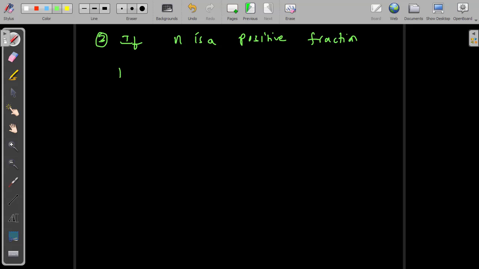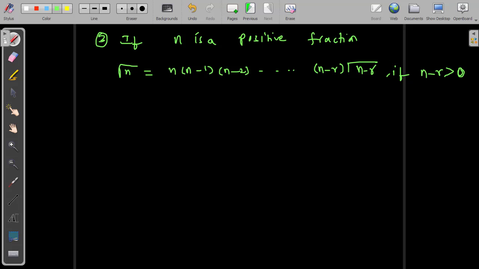So there it is defined like this: gamma of n equals n minus 1 times n minus 2 times, and so on, n minus r times gamma of n minus r, if n minus r value is greater than 0. This is the rule for positive fractions. We will do some examples in the next video lecture.